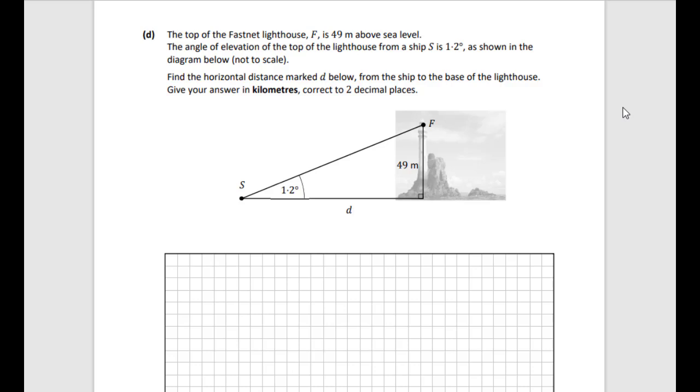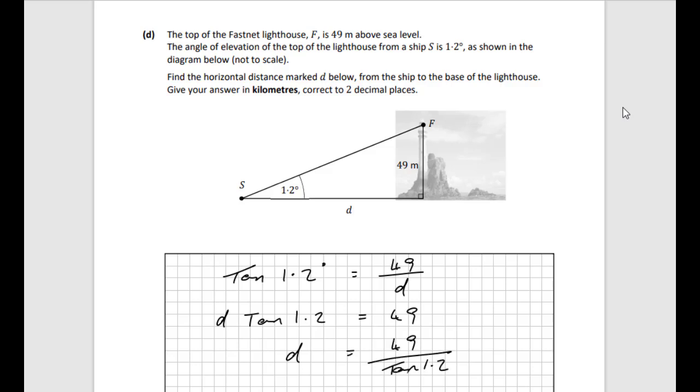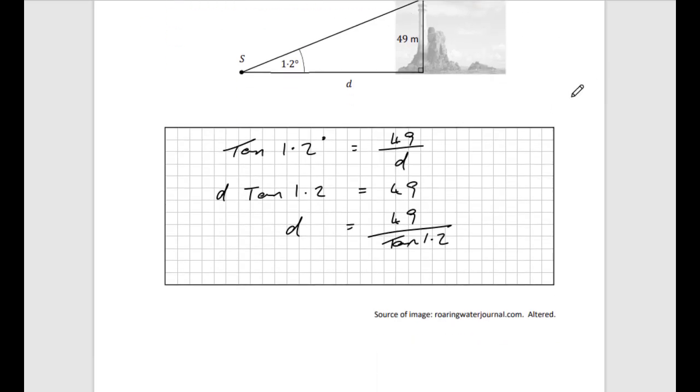So really this is just the tan of the angle. Tan 1.2 degrees is equal to 49 over D. So D times tan 1.2 is equal to 49, and then D is going to be equal to 49 divided by tan 1.2 degrees. We want this correct to 2 decimal places, and remember this 49 is in meters, so our answer here is going to be in meters.